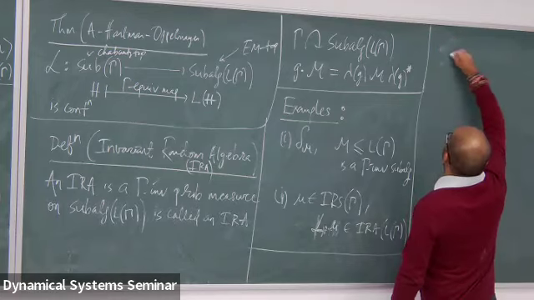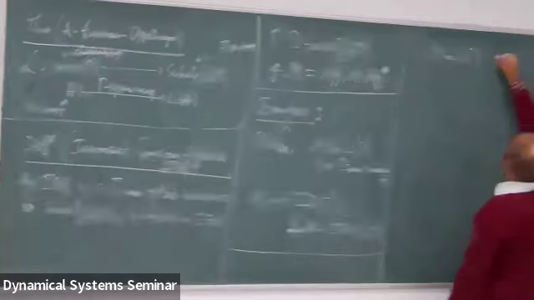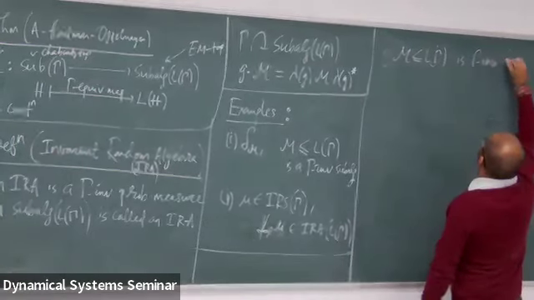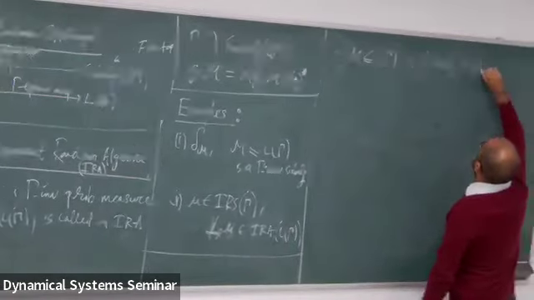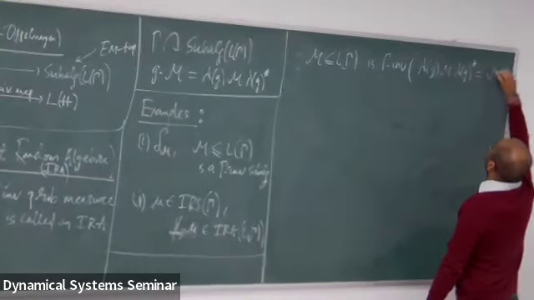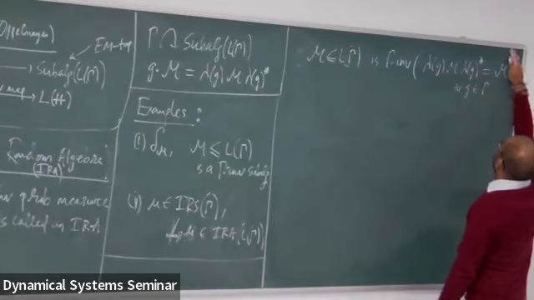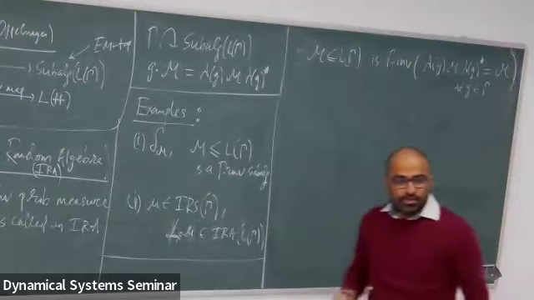So maybe I say M in L gamma is gamma invariant. This just means that lambda G M lambda G star is again M for every group element.